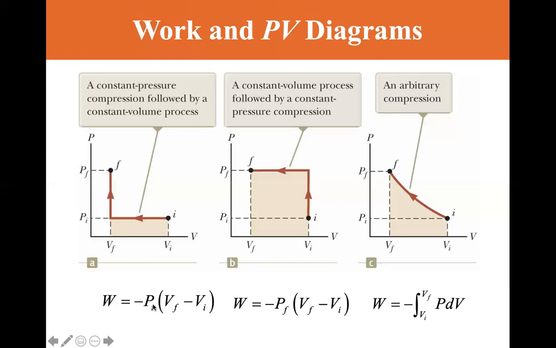The first one is work equal to minus P initial times V final minus VI, and the second is work equal to minus P final times VF minus VI. And so in general, work is equal to the negative integral from VI to VF of PdV.